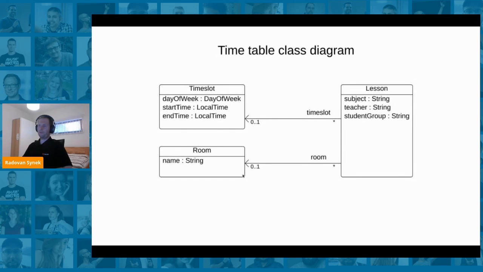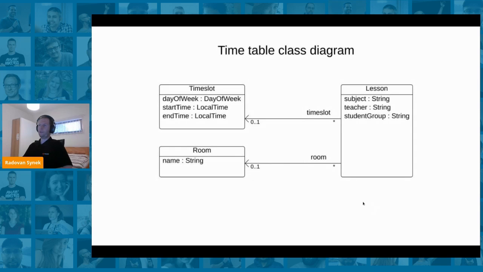Next, we have the room. And the last one is the lesson. The lesson has some subject, a teacher, and a student group. It also has two references, one to the time slot and one to the room.